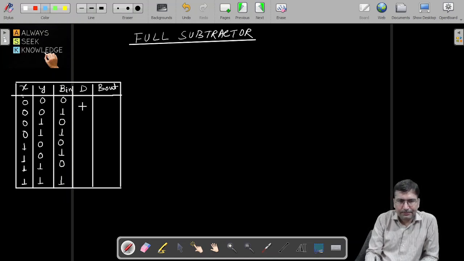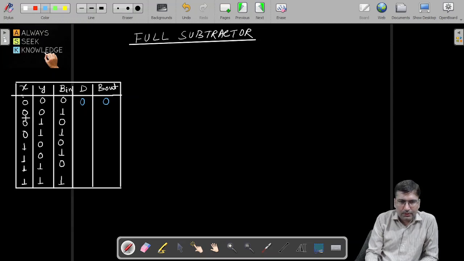When we find the difference, first we find the difference of these two bits, and then if there is any borrow, we find the difference from the resultant difference, right? So 0, if we subtract 0 from 0, it will give 0, and then the difference between 0 and this 0 will give us 0, and there's no borrow out. This is also 0, right? There is no borrow.